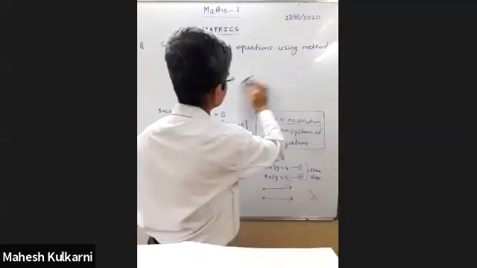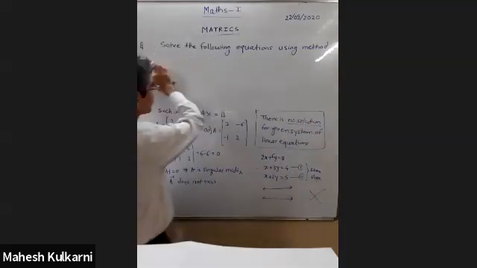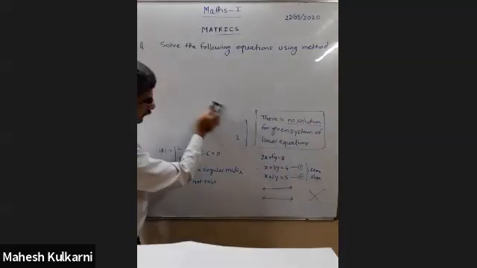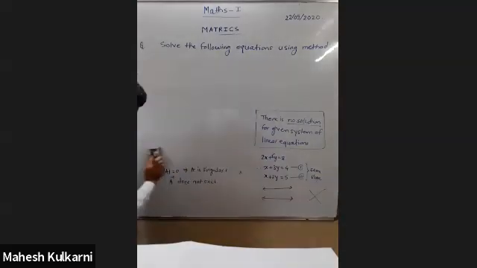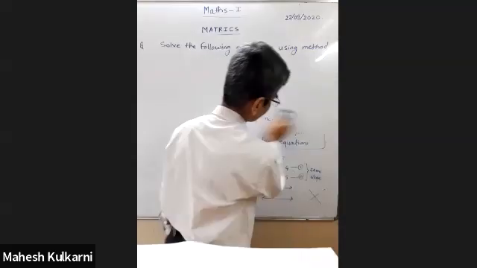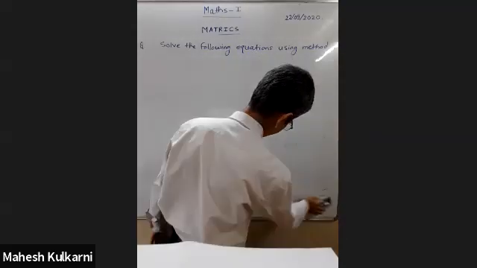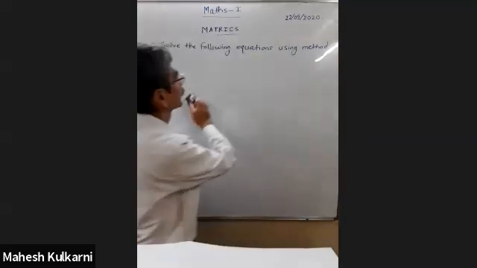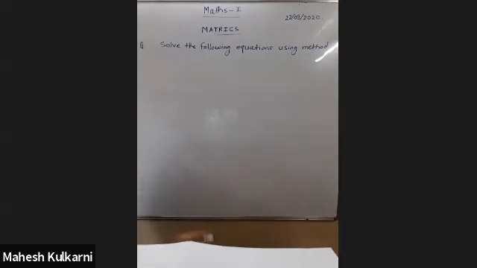Next question. Next question means actually the second method to find the solution to the given equations using matrix. So the question is: solve the following equations using method of reduction.